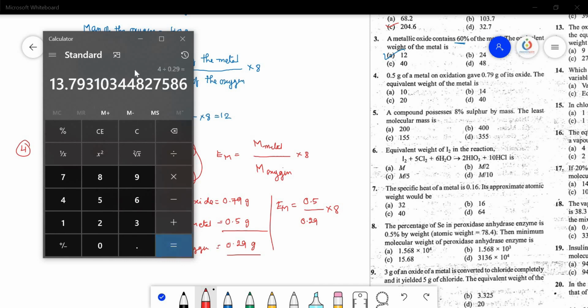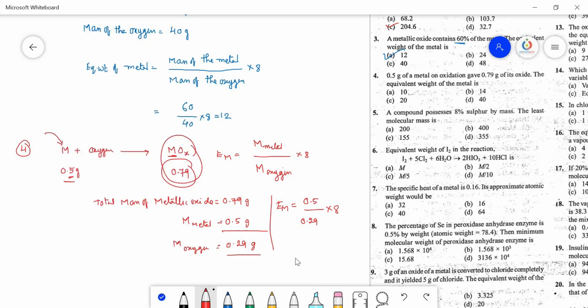So it is 13.79. Equivalent mass of the metal equals 13.79, so approximately it is considered as 14. So option B is correct. Let us solve question number 5.